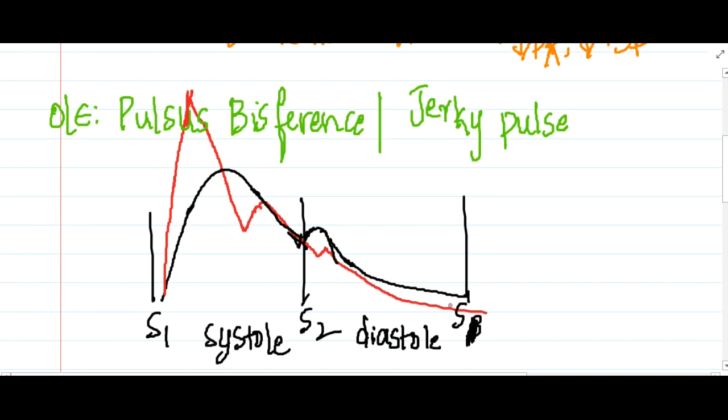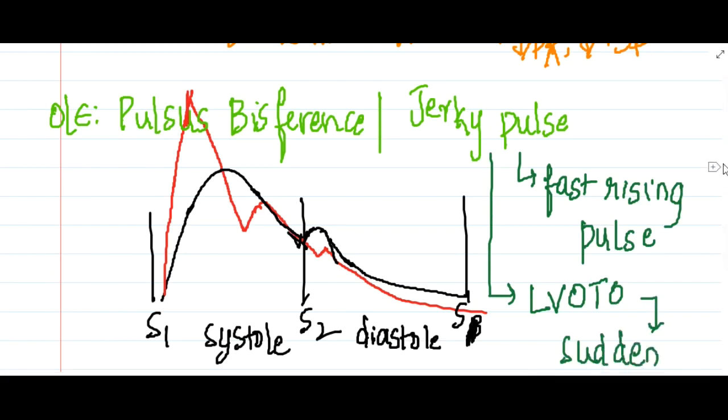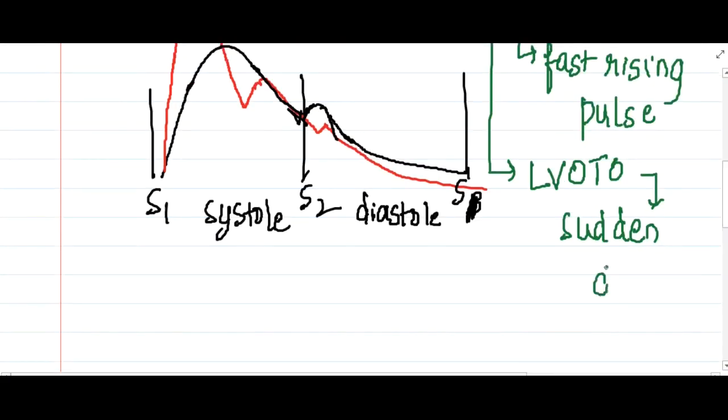So this is called pulsus bisferens. This pulsus bisferens means it is a fast rising pulse initially, and because of left ventricular outflow tract obstruction, this will result in a sudden dip in pressure. There is a fast rise followed by a sudden dip. This sudden dip is present due to left ventricular outflow tract obstruction.